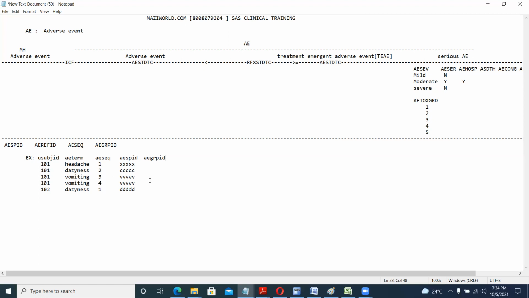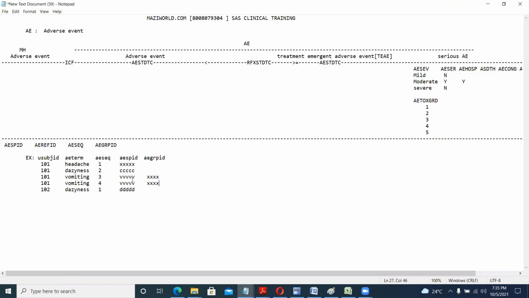Vomiting, vomiting. So I am going to assign a group ID for these. That means if a patient has only one particular event, not going in the same pattern, like subject 101 has one-time headache, one-time dizziness, but vomiting 2 times, then the group ID will target the case where multiple adverse events have come across for the same patient.